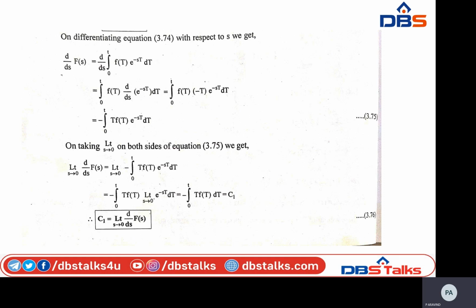Applying differentiation with respect to s, we simply differentiate the e power minus st term. So we have integral 0 to T of f(t) into minus t e power minus st dt. So finally we have minus integral 0 to T of t f(t) e power minus st dt.